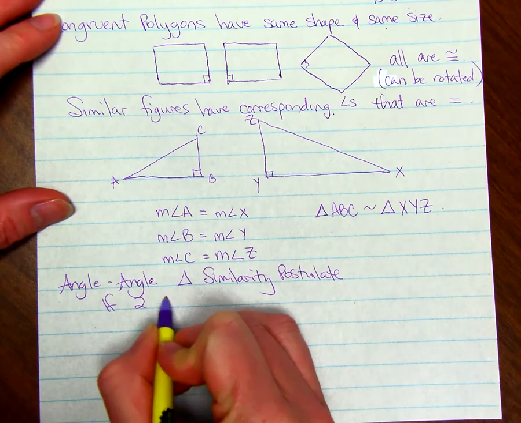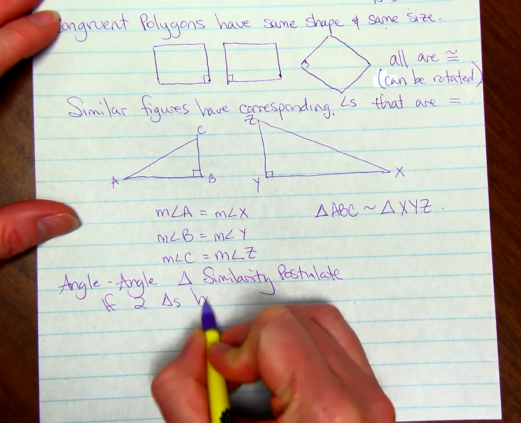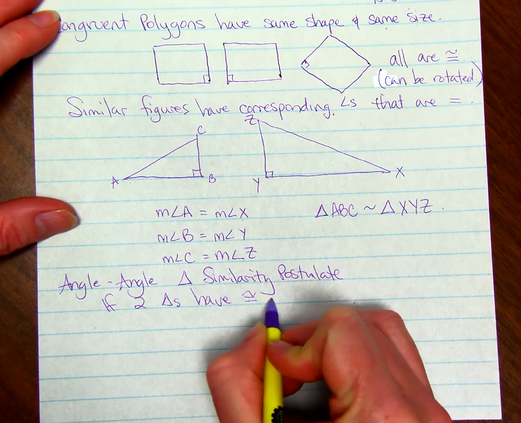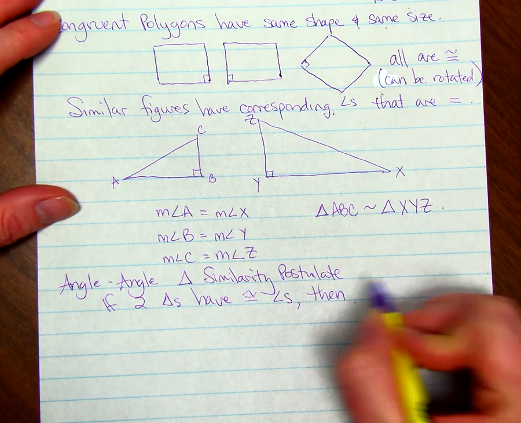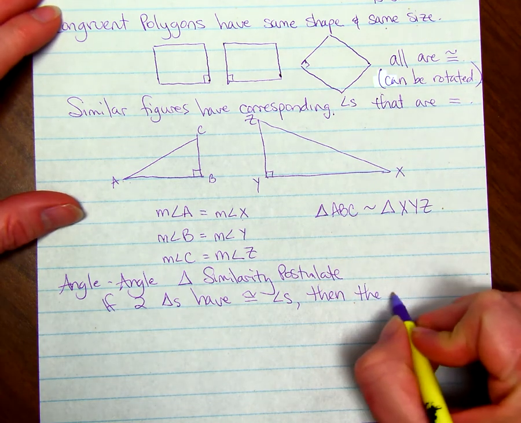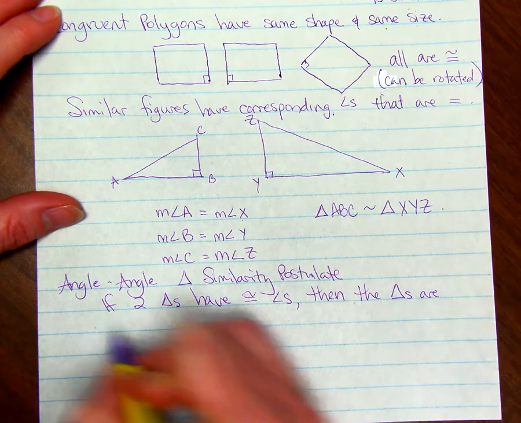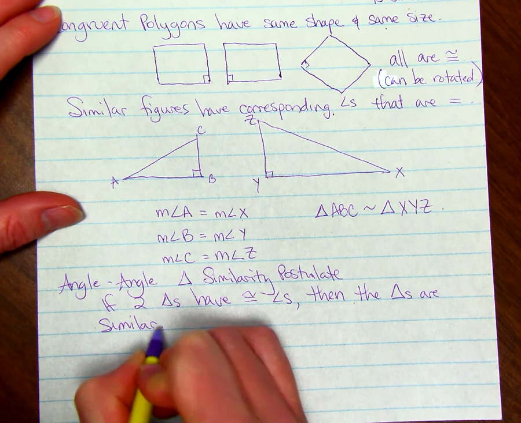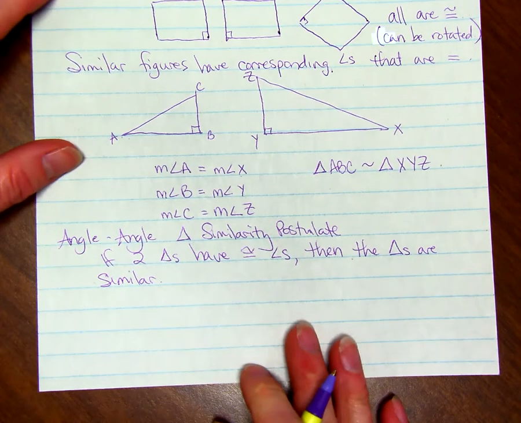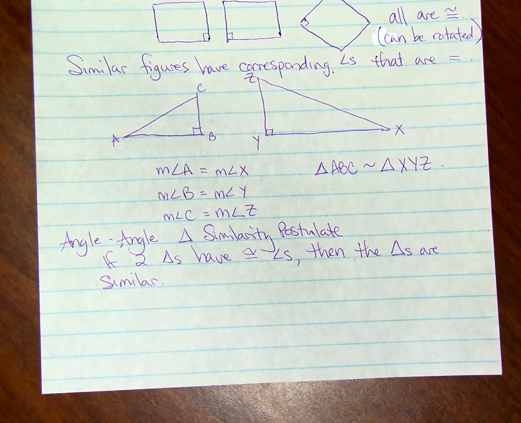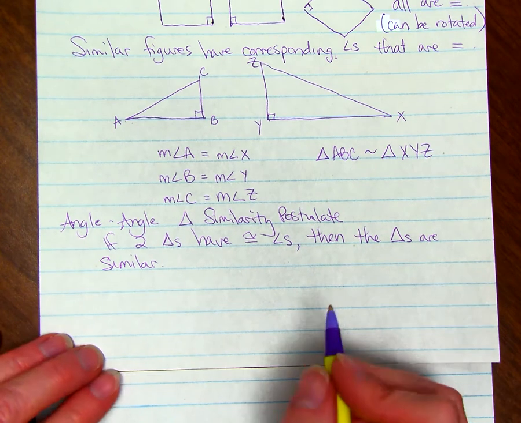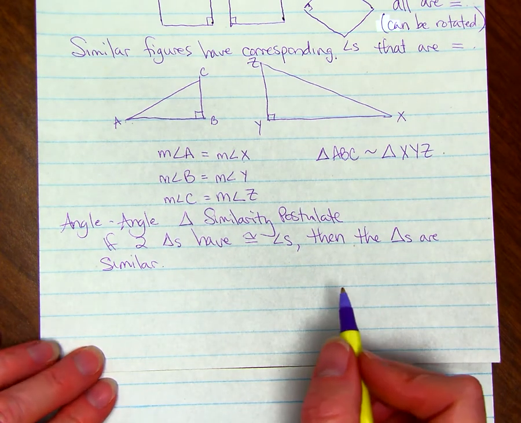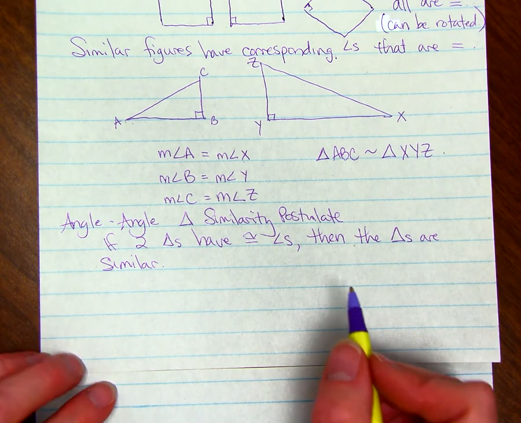If 2 triangles have congruent angles, then the triangles are similar. If 2 of the angles are congruent, then the third angle has to be congruent because they have to all add up to 180. So then you could say, okay, the triangles would be similar. So if the angles are congruent, the triangles are similar.